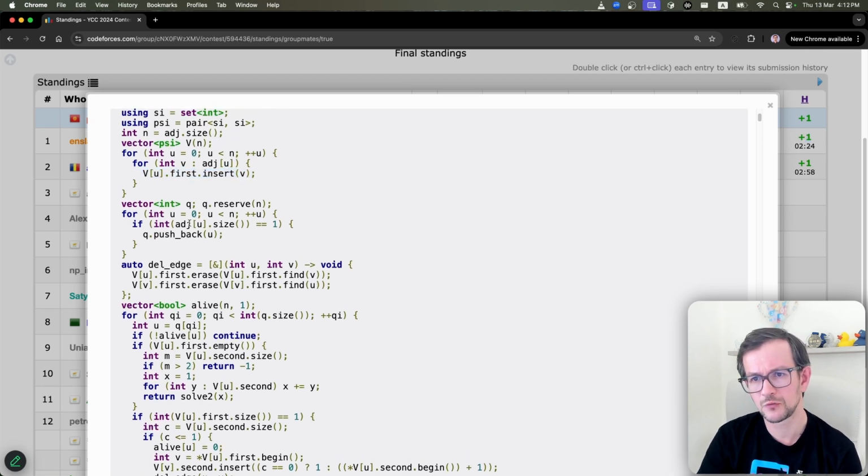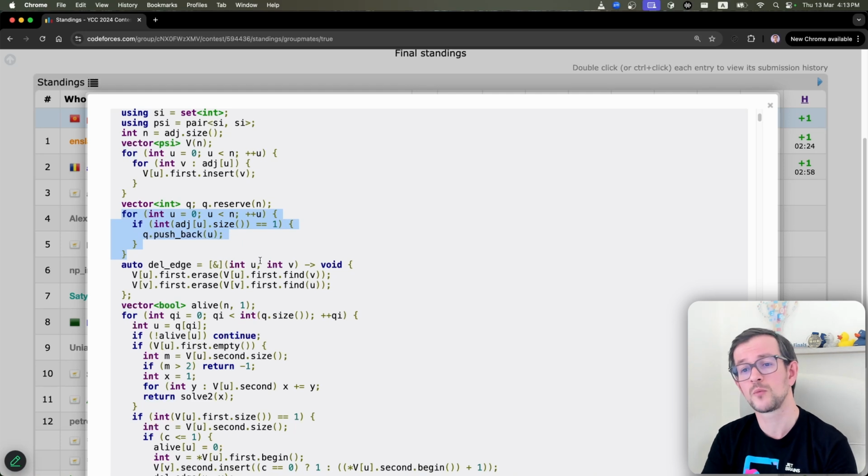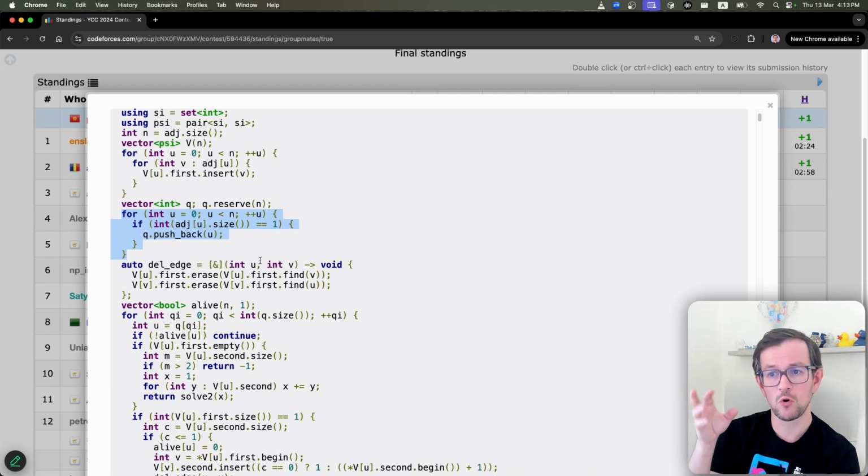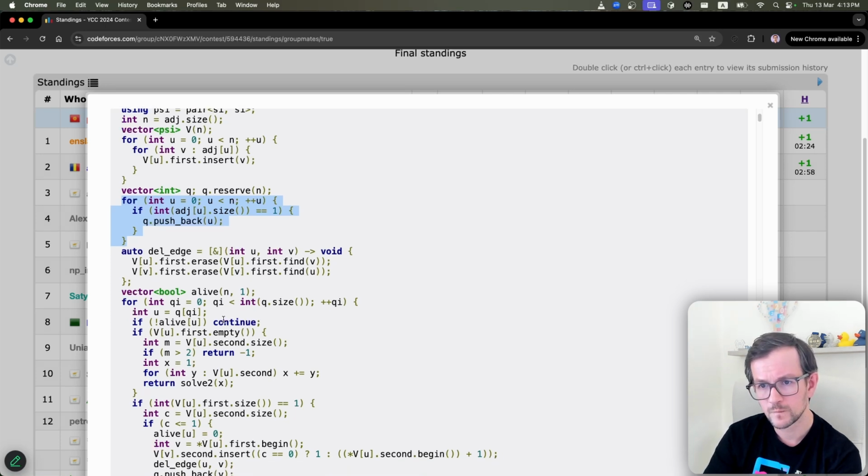Building the graph. So look at all, you go from other direction. So you look at all leaves of the graph, and then I think you will remove them one by one, right? Interesting.